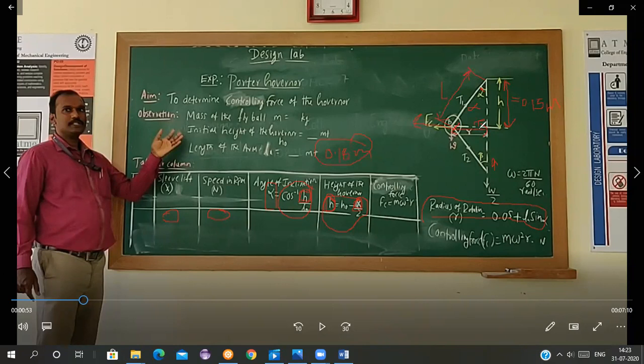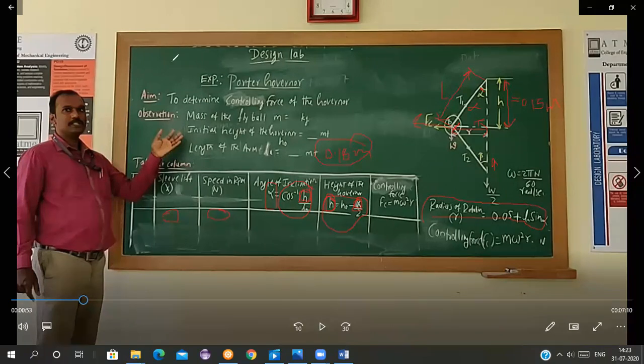Why are we using this formula, students? Why are we not directly taking the value of radius? Because we cannot measure the value of radius at different points.